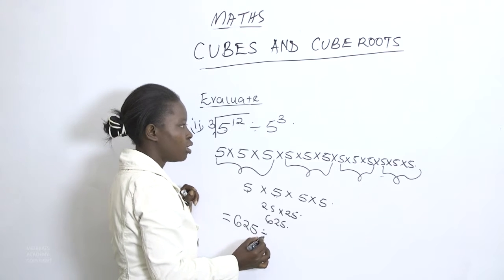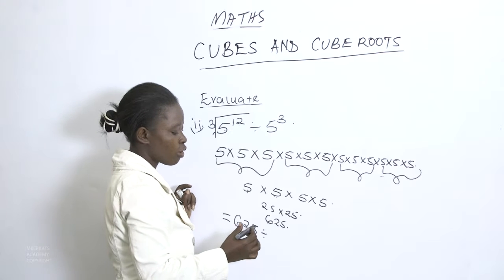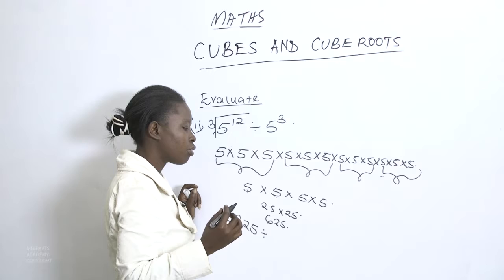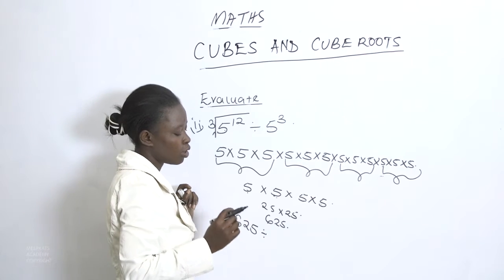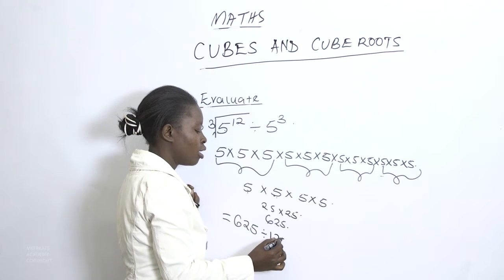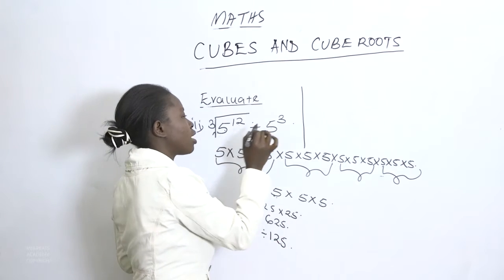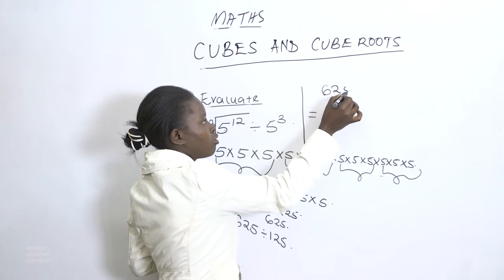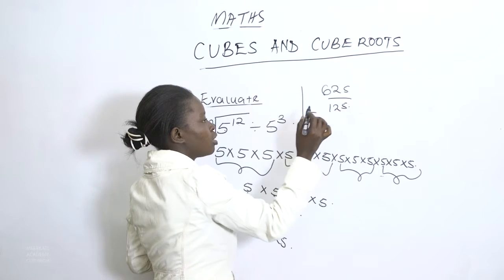So the cube root of this number is simply 625. Then we are dividing by the cube of 5. The cube of 5 means that I have 5 times 5 times 5, repeated 3 times. 5 times 5 is 25. 25 times 5 is 125. So this means that this sum simply gives me 625 divided by 125.